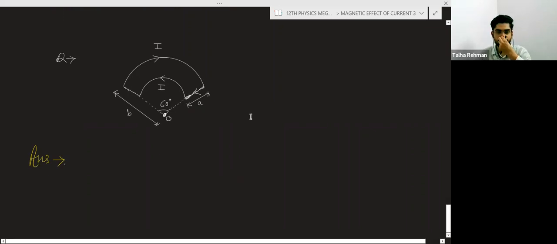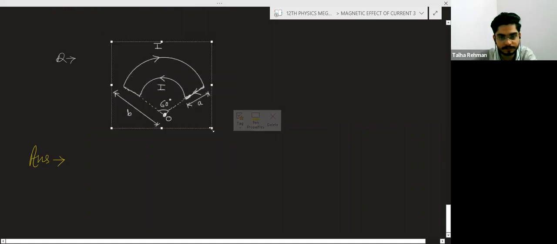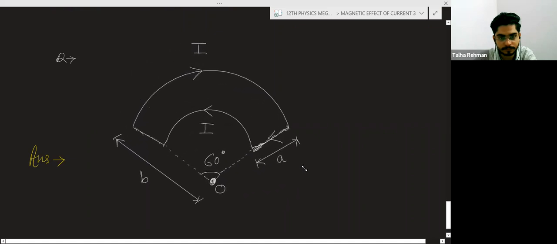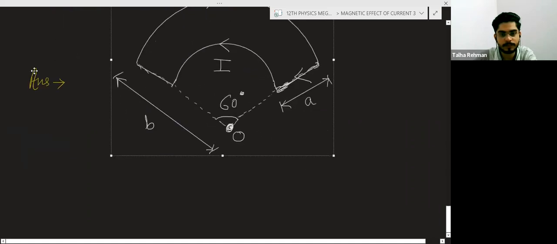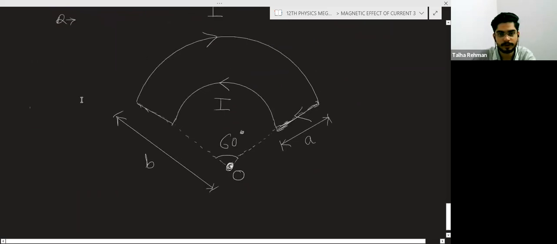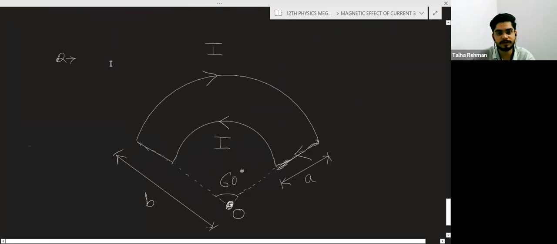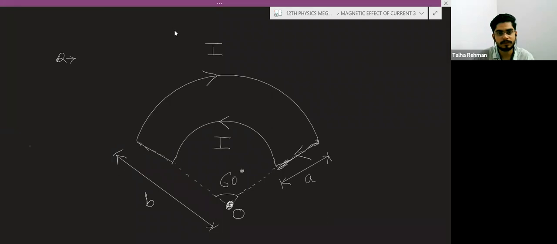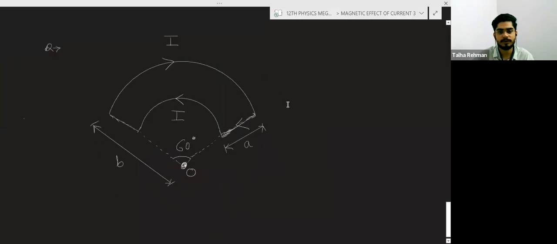See here, just look at this figure. Look at this figure now. Closely, when you look at this figure, what is happening?